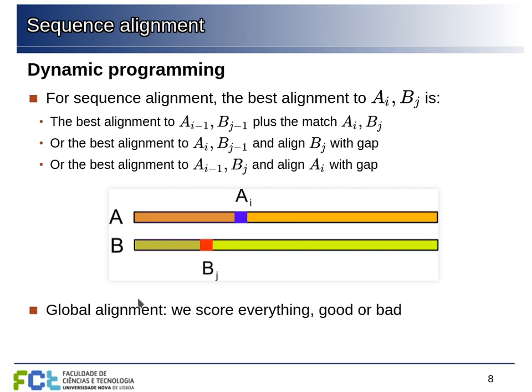So basically the three possibilities are: we align these shaded regions, the best alignment of these shaded regions, and match these two residues, or we align one of these shaded regions plus the residue with the shaded region of the other and leave this one hanging with a gap, or we do it in reverse. We leave this one hanging with a gap and we align all of these with this shaded part here.